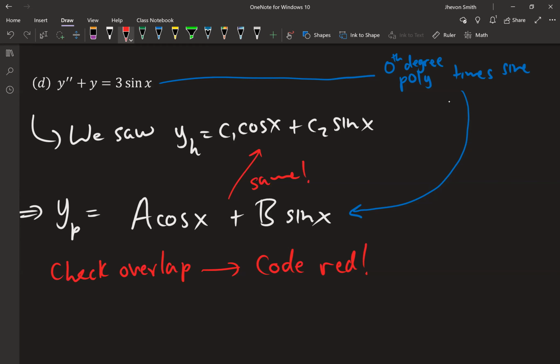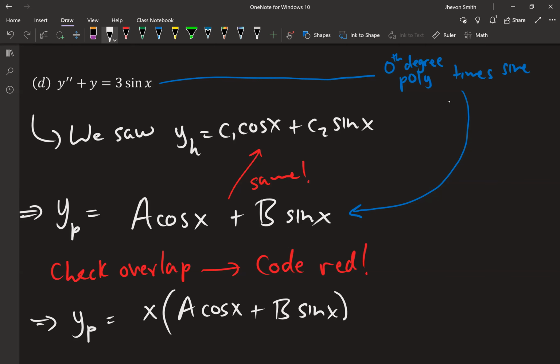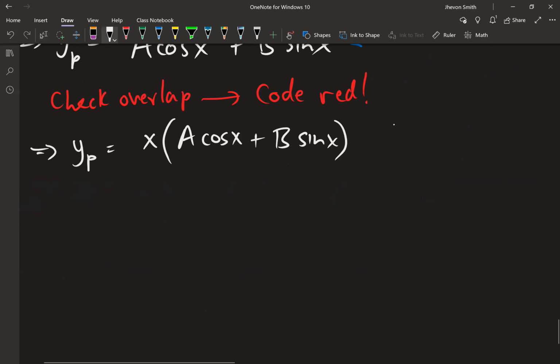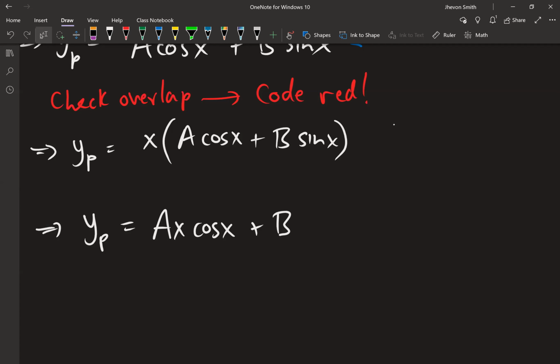My particular solution cannot be the homogeneous solution. It has to be distinct. It has to be different. It has to be linearly independent. So at this point, what do we do? As Jason mentioned, you multiply by x. And so yp is going to look like ax cosine x plus bx sine x. And that's what the form of my particular solution should look like.